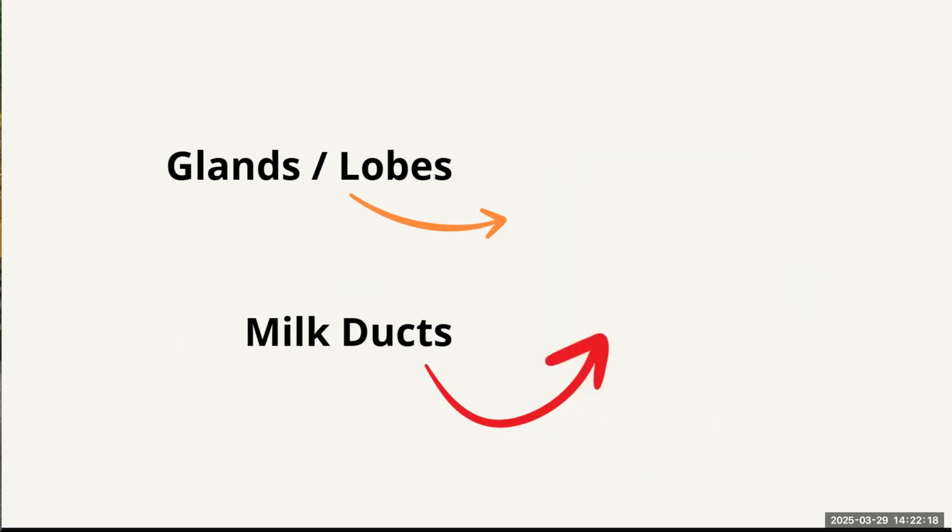Now, if you can remember, the glands, look at the color now, the glands and the milk ducts are very similar to a previous biological program that we just studied. Do you have an idea of what they pattern after? Is it the kidney? No. We just studied it like last week.